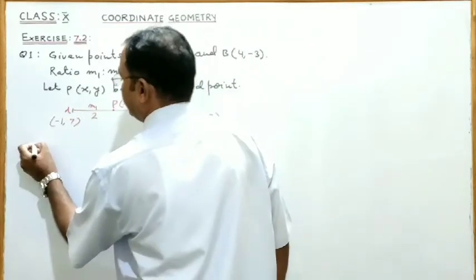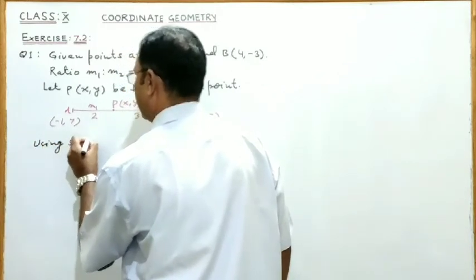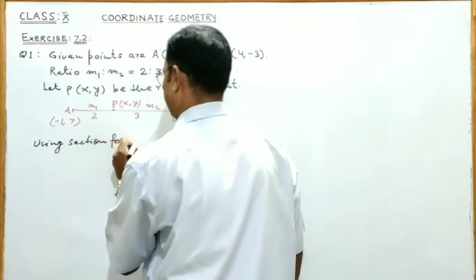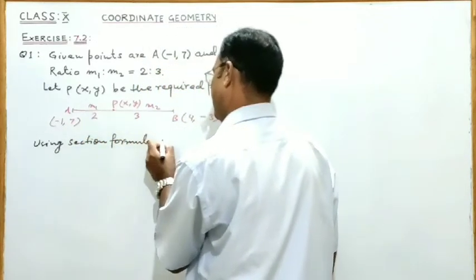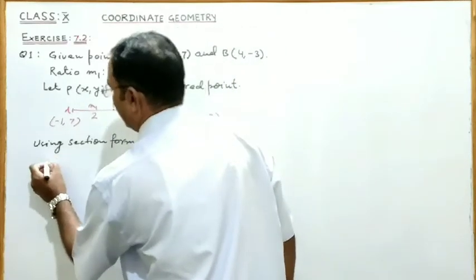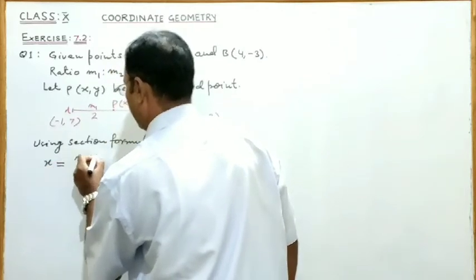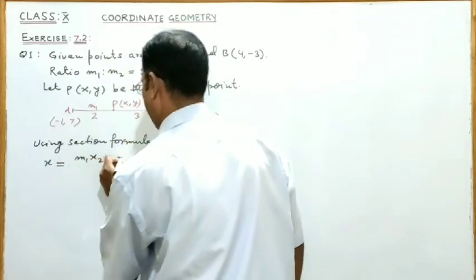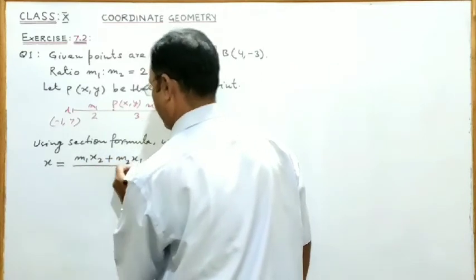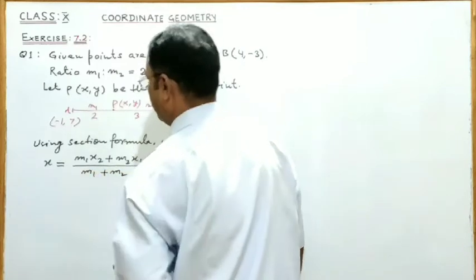So using the section formula we get the x coordinate: (m1 x2 + m2 x1) by (m1 + m2).